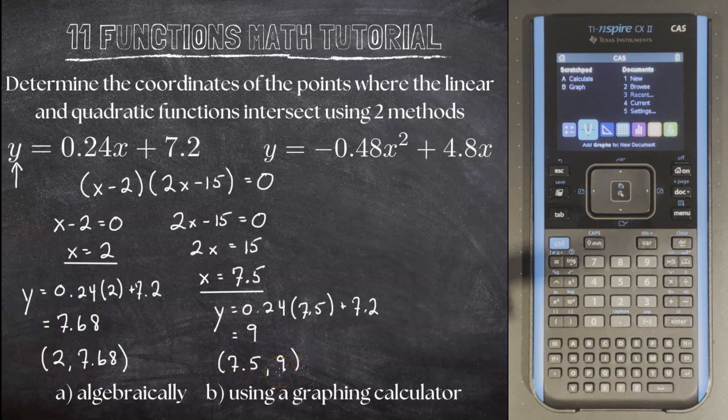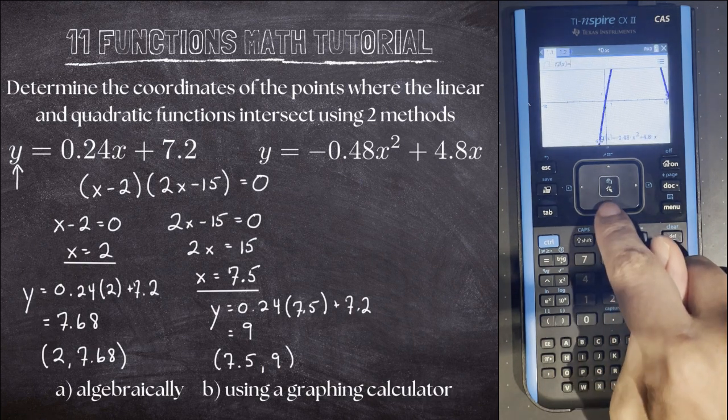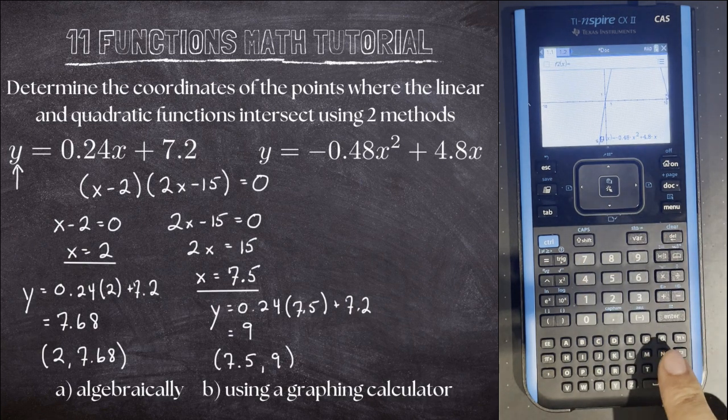Now let's see how to do that on a graphing calculator. We can also find this intersection point on our graphing calculator. Let's start by entering our functions. And then we hit the down arrow so we can add another function.